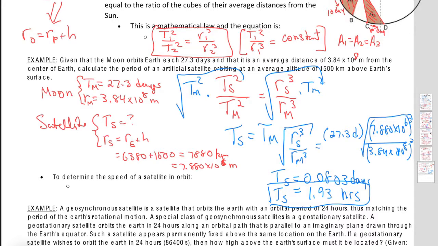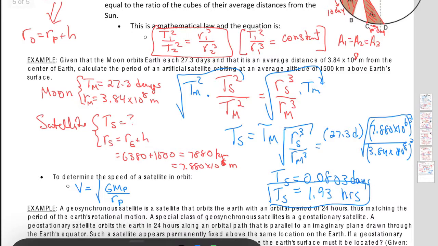Now, one thing you can do with these equations is equate some of this back to Newton's laws and use some of our other formulas. To determine the speed of the satellite, you simply do the square root of G times the mass of the planet, divided by r sub o, the orbital radius.